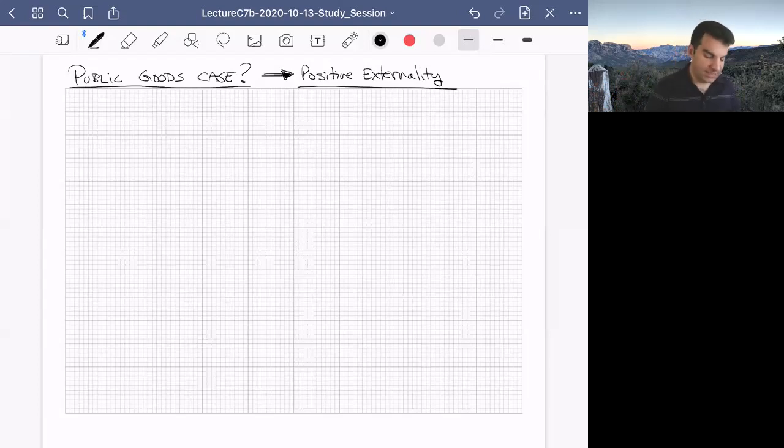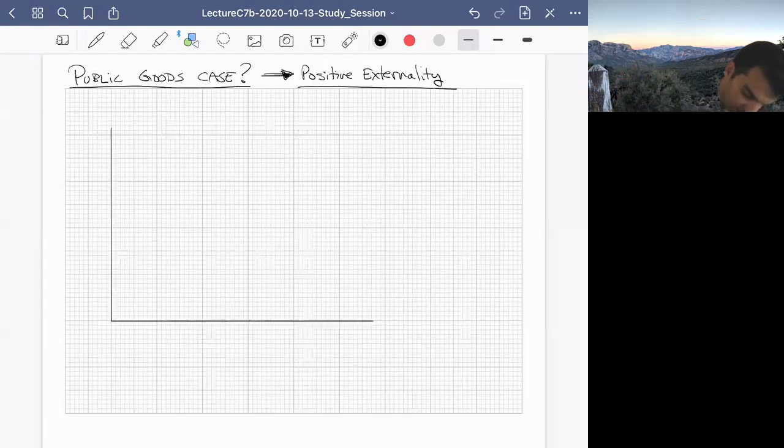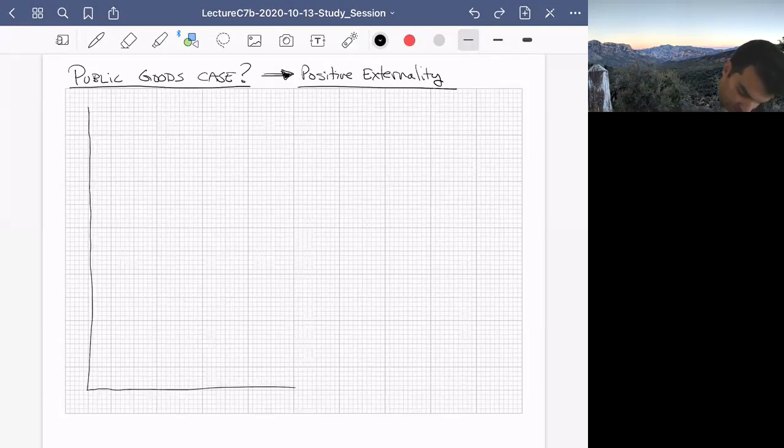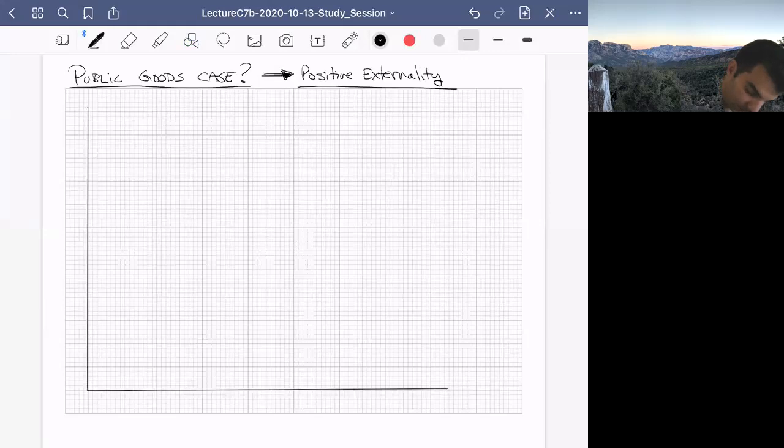All right, so in the public goods case, let's draw that axis. And so this is a little simpler than the negative externality case. Actually, I'm going to draw that a little bigger just to give myself a little bit more freedom. And so quantity supplied, and then the marginal axis here.